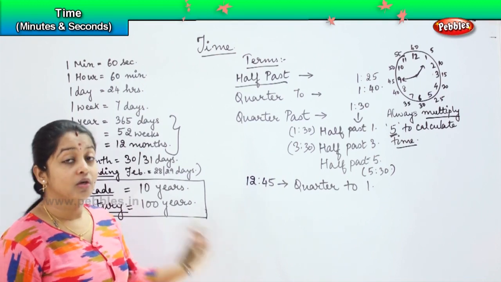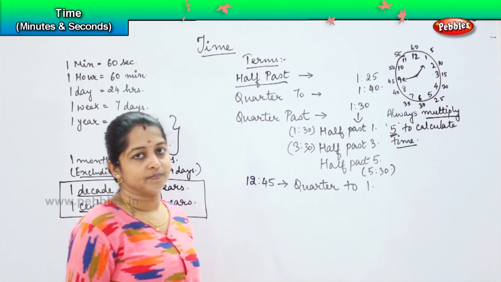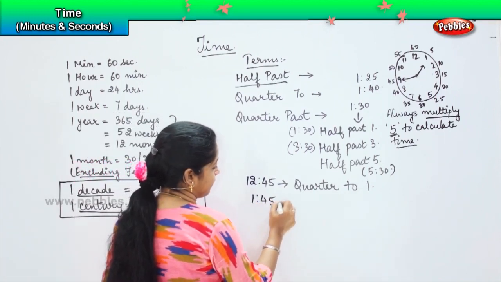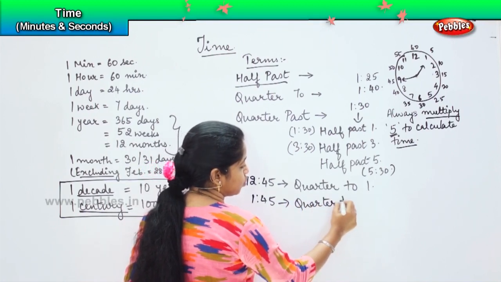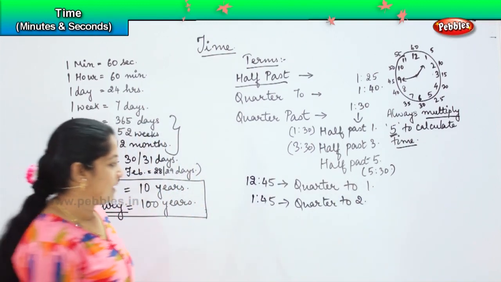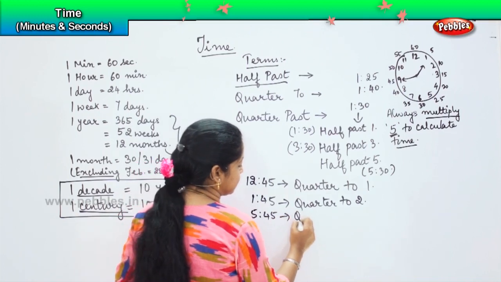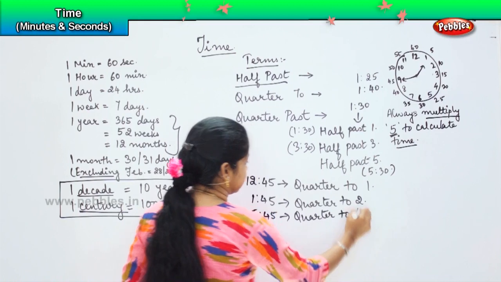Yes? So quarter to 1, which means in another 15 minutes it will become 1 o'clock. Okay? So similarly, if I write 1:45, I can write it as quarter to 2. Say if I want to write 5:45, I will write it as quarter to 6.